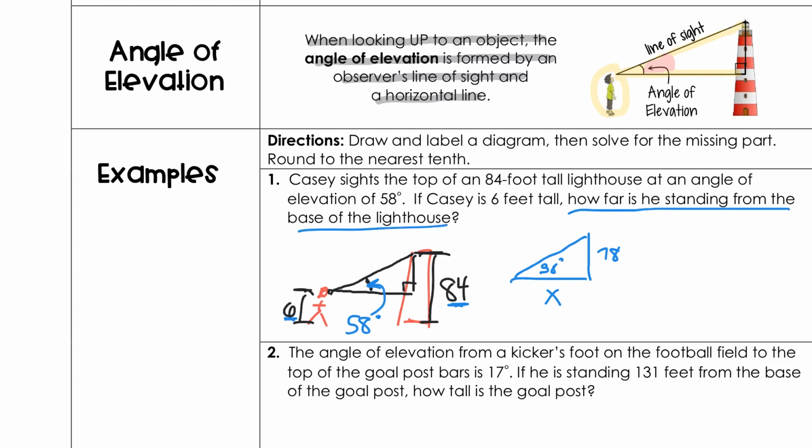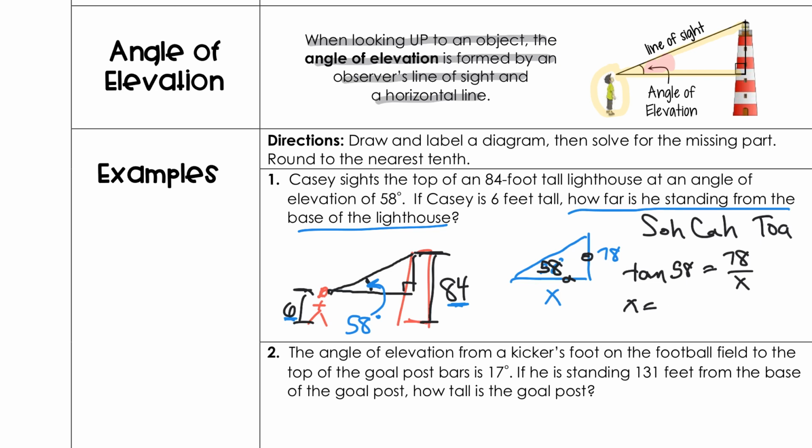So, as we can recall, our SOHCAHTOA, we have an angle of 58 degrees. In reference to that angle, we have the opposite and adjacent. So we are looking at the tangent of 58 degrees equals 78 over x. With x in the denominator, we can switch it out.